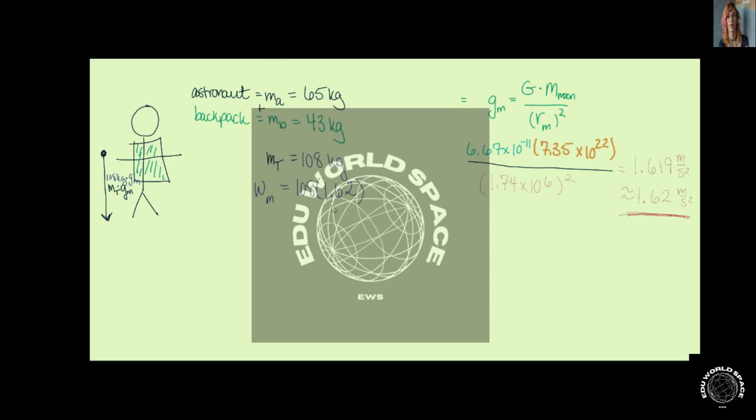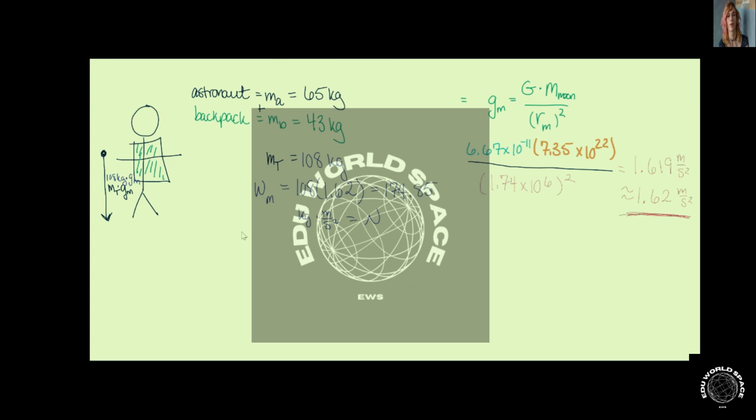This is going to give us newtons, because 108 kilograms meters per second squared equals newton. And when you do this calculation on your calculator, you're going to get a weight of 174.85 newtons.